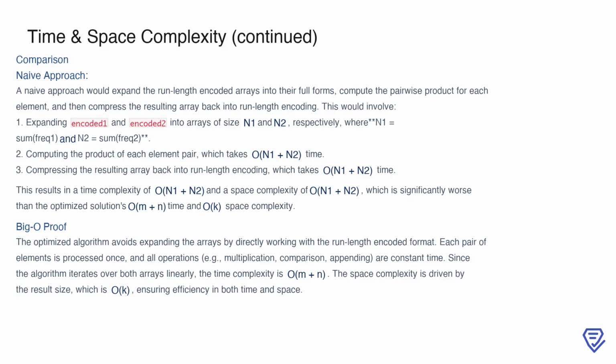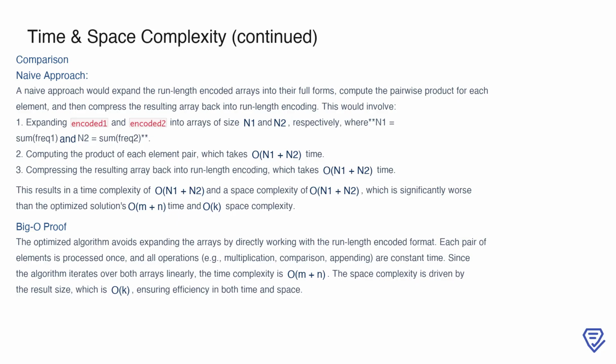After expansion, it would compute the product for each pair of elements, requiring O(n1 + n2) time. Finally, it would compress the resulting array back into a run length encoded format, which also takes O(n1 + n2) time. This results in a time complexity of O(n1 + n2) and a space complexity of O(n1 + n2), both of which are much worse than the optimized solution.